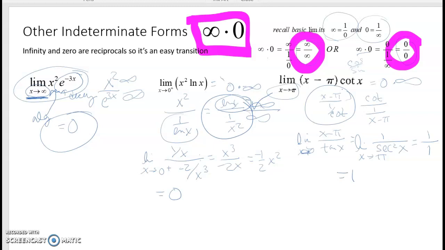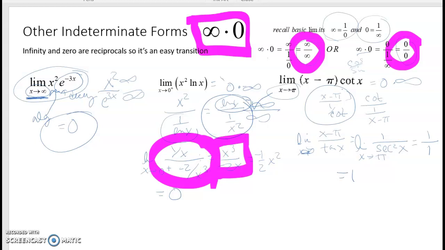Keep your chain rules as easy as possible. And at every step, be sure you take a look back and simplify your fraction. So don't leave any complex fractions. At every single step, simplify it into one fraction, one ratio, and you can recheck and see if you're still at 0 over 0 or infinity over infinity.